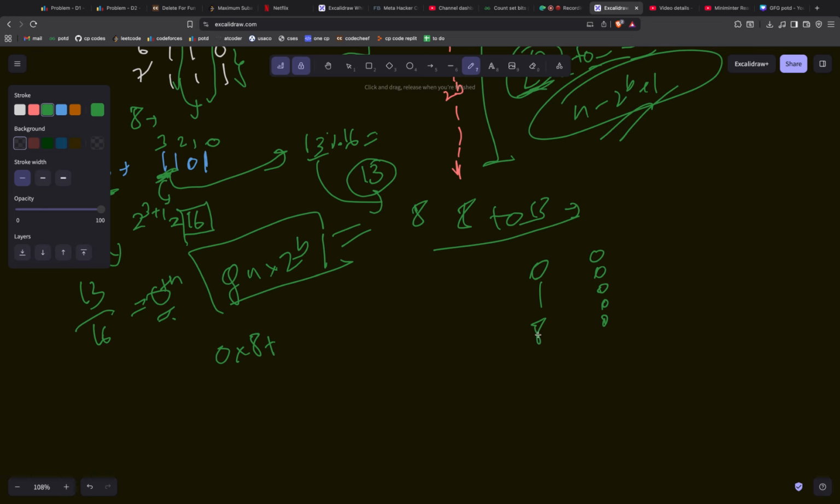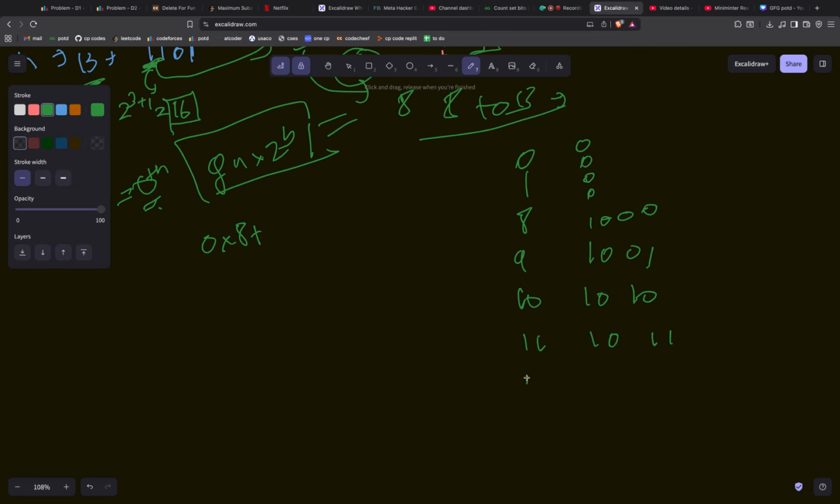Now at 8 this is set, it is 1 0 0 0. At 9 it would also be set, 1 0 0 1, because it is following the pattern that I showed you. 11 would be 1 0 1 1. 12 would be 1 1 0 0, and 13 is 1 1 0 1. So all of them have this bit set.